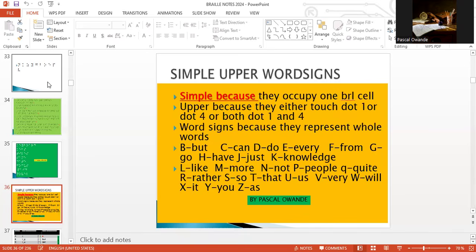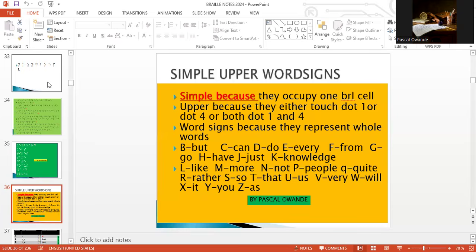we say that the simple upper word signs is good to define simple upper and also word signs. So we say that simple upper word signs, these are contractions that are used in Braille to convey certain specific meanings. So we say that they are simple because they occupy one Braille cell.